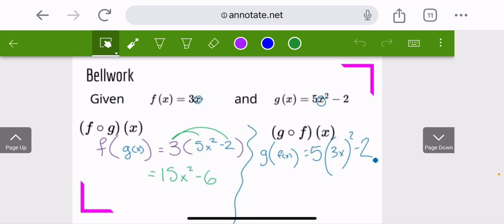So this is going to be 5 times 9x squared minus 2. 5 times 9x squared is what? 45x squared minus 2. So we can really see here that it matters which one's in front. g of f of x versus f of g of x. So the order is really important.